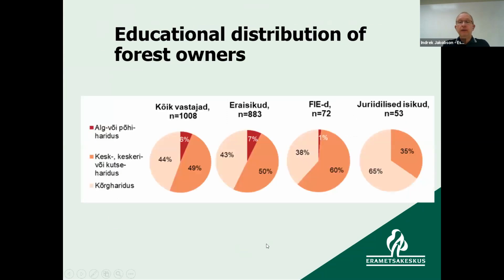But now one not very common slide. If we describe the forest owner, we asked about their education. And this red is about basic or first level education. This light brown is secondary education or second level education. And the whitest is the third level of higher education.